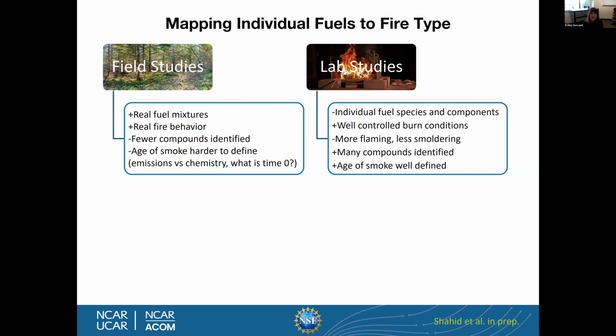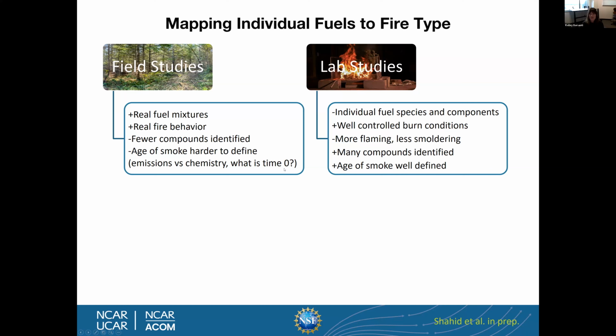But from, again, this chemistry perspective, there are much fewer compounds that have been identified, and the age of smoke is really harder to define. And this was brought up yesterday, this idea that emission factors changed in time, right? So depending on where and, by correlation, when you measure emissions, you get different values, and trying to reconcile that, I think, in model input and then subsequent calculations is challenging.